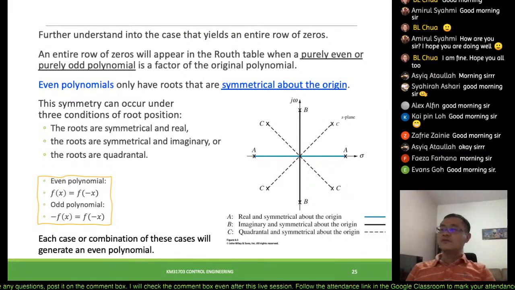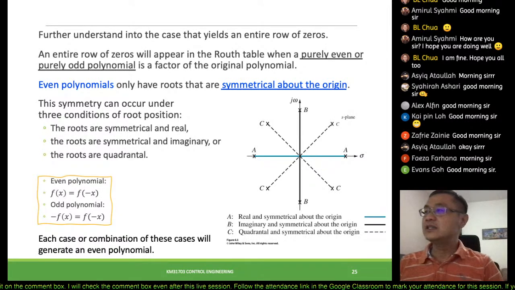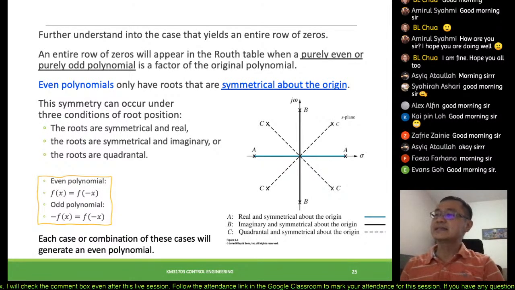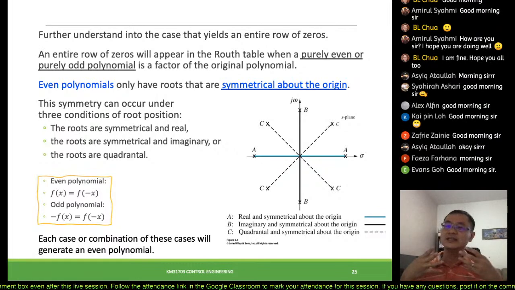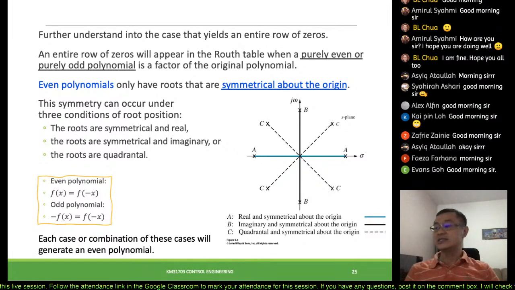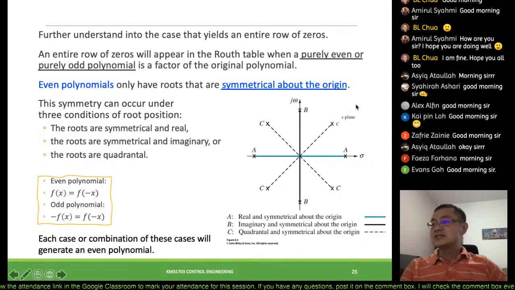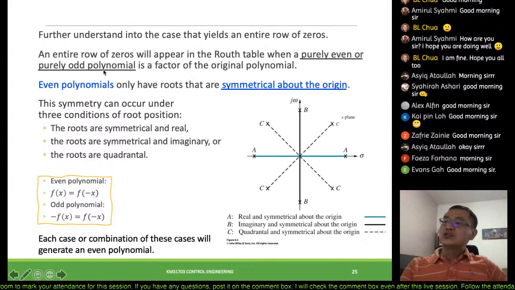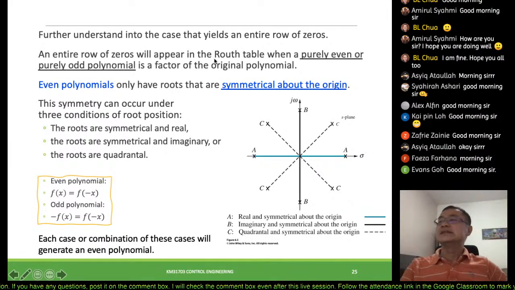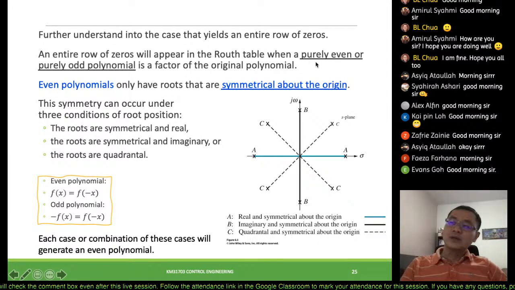Right. Now, further into the case, to further dissect the interpretation itself, we will now see what actually happened, right? So when an entire row of 0 appears, this is because there are polynomials that are factors of the original polynomial.